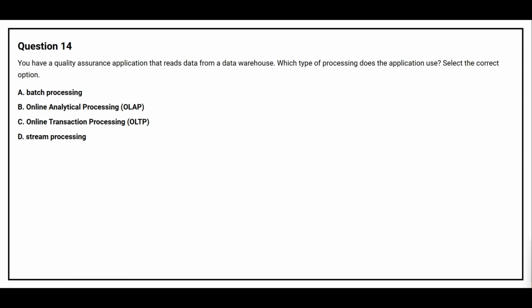Option B, online analytical processing, OLAP. Option C, online transaction processing, OLTP. Option D, stream processing. The correct answer is option B, online analytical processing, OLAP.